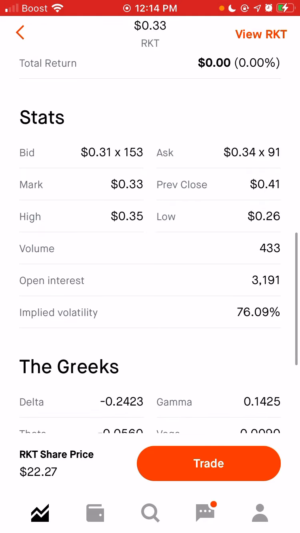If you have an implied volatility right here of 76%, and you have another contract with an implied volatility of 20%, the one with the 76% is going to naturally have a higher premium involved, which means if you're selling it, you're going to collect more premium. If you're buying it, you're going to pay up for the implied volatility.